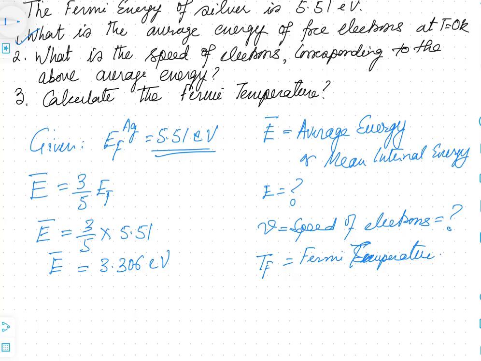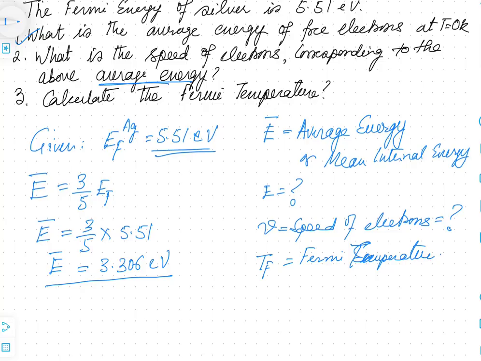Then what is the speed of electrons corresponding to the above energy? We know that these electrons are using this average energy, the value is 3.306, to have a kinetic energy, which hints to the speed of electrons.